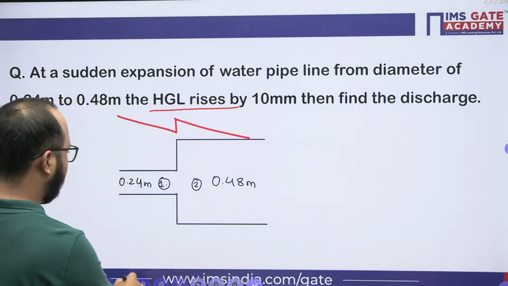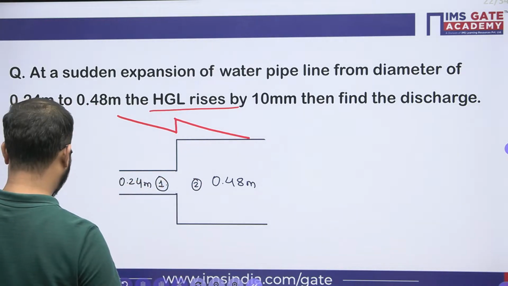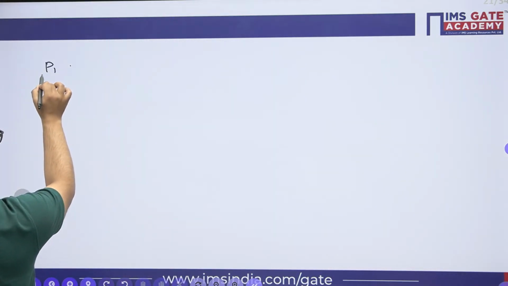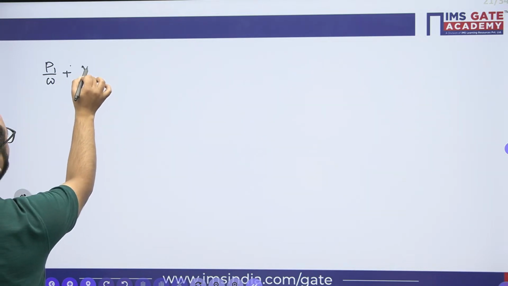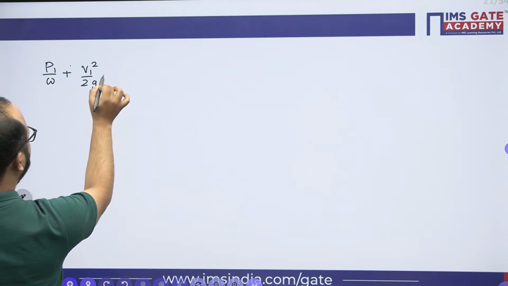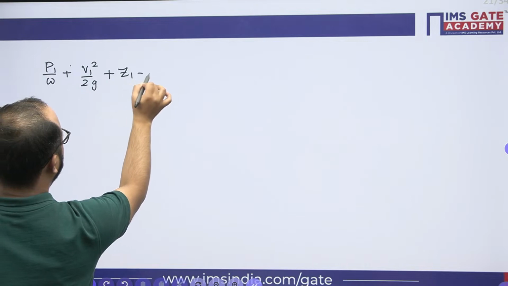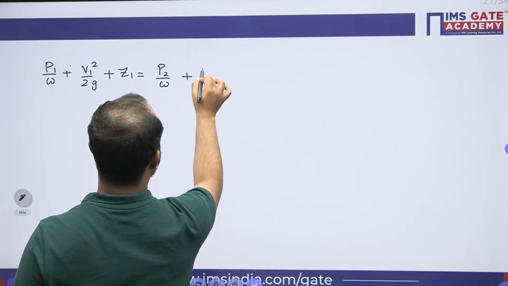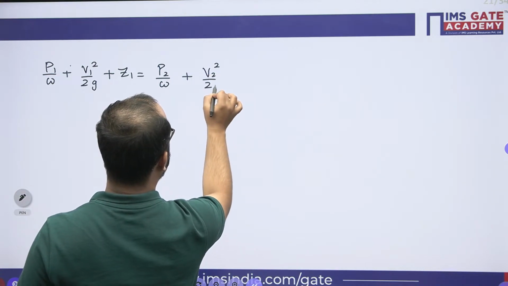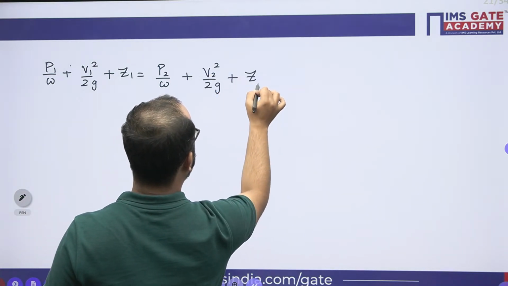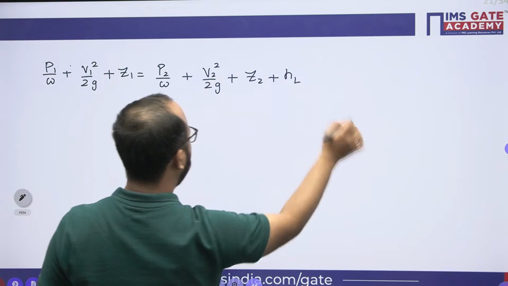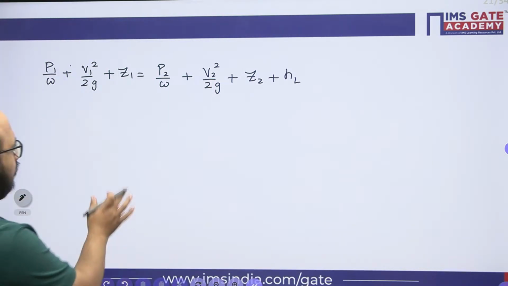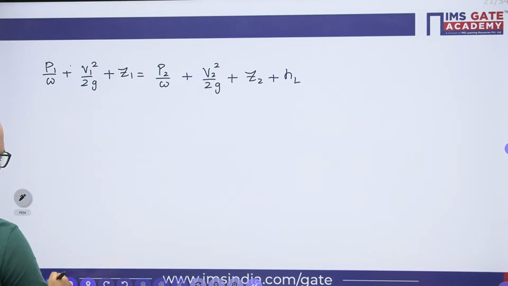If I simply apply the Bernoulli's equation, see everyone, H losses, correct?